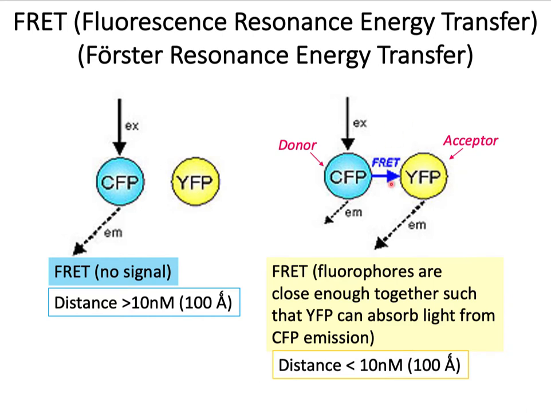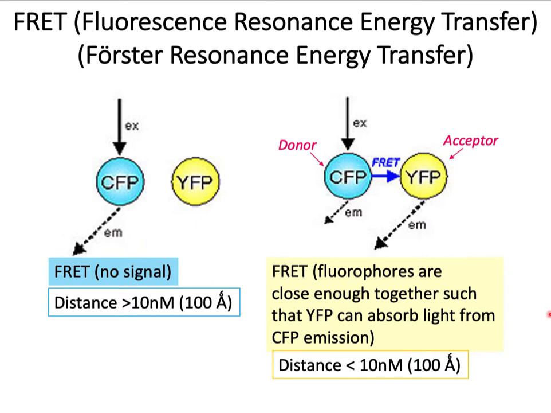Since the emission wavelength of CFP is the excitation wavelength of YFP, YFP will be excited and emit light in the yellow range. So if you have interaction between the two fluorophores, you will see the yellow light, but if there isn't any interaction, you will only see the blue light.